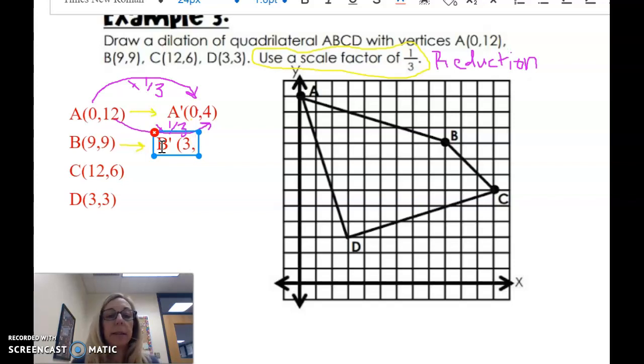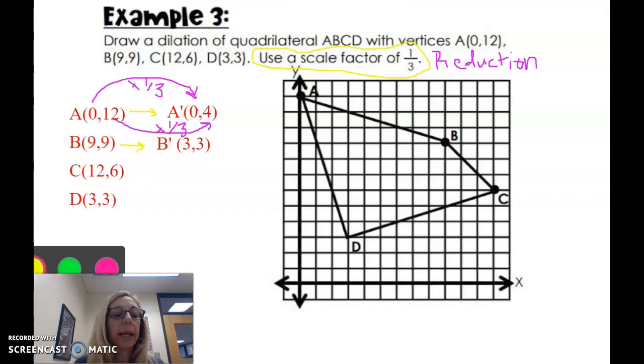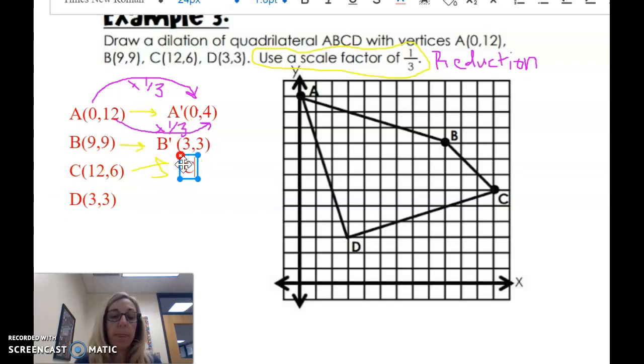And that second coordinate, y, is also 3, because 9 times 1/3 is 3 once again. Now let's look at C. We have 12, 6. So to get to C prime, we are once again going to take 12 and multiply it by 1/3 to get 4, and 6 times 1/3 to get 2.